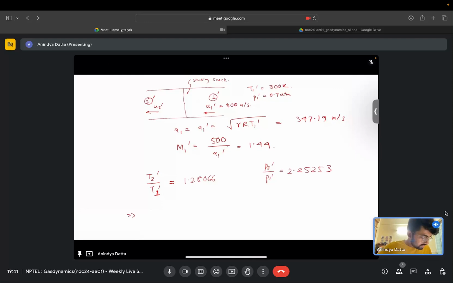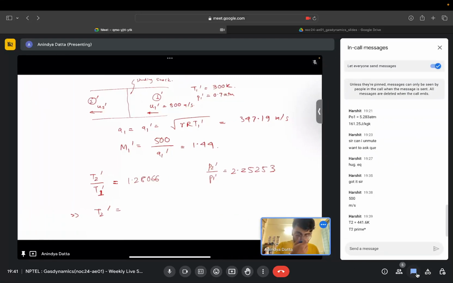So from there we get T2 prime is equal to 1.28 times 300, we are getting 384. Actually, you check the values once.